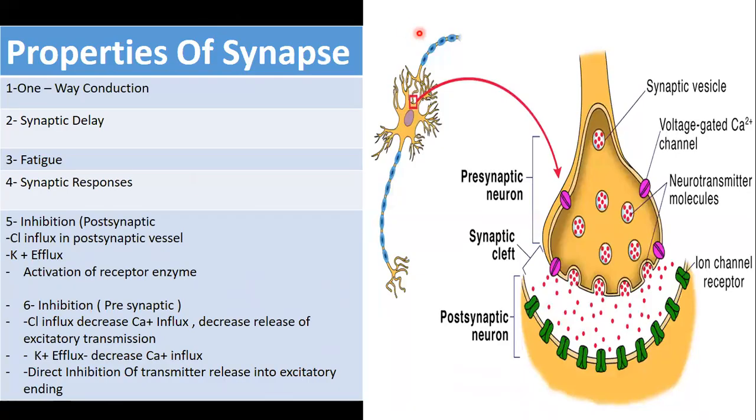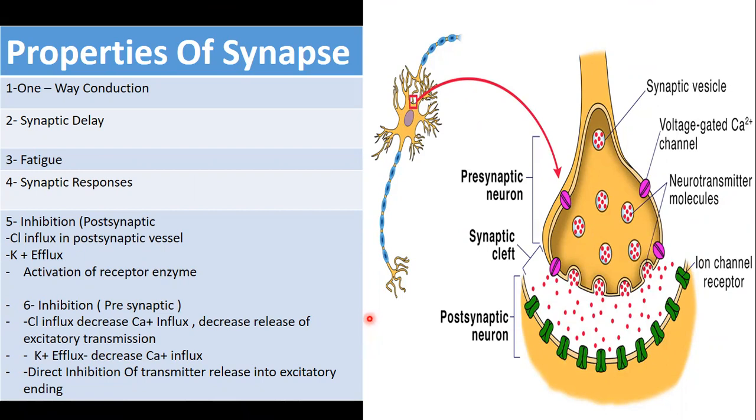Coming to the functions and properties of synapses: what is the function of a synapse? The basic function is transmission of the nerve impulse, whatever action potential comes from one neuron to another neuron, and ultimately to the effector cells, that is the muscles or gland cells.